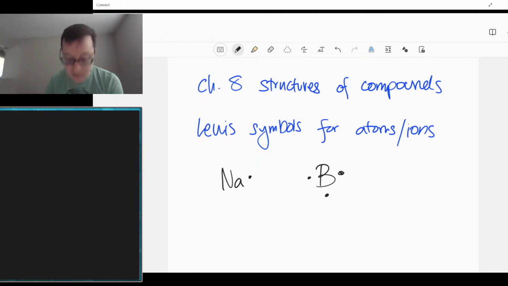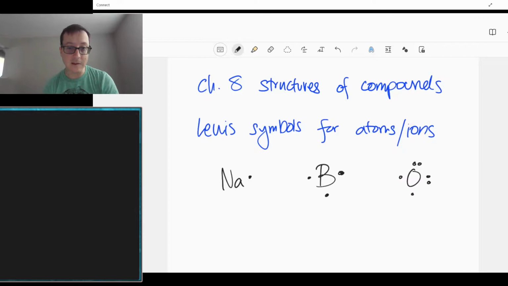For example, we know sodium has 1 valence electron, boron has 3, oxygen has 6. Technically I should redraw that, so you can see the process. We always want to start off unpaired, and then we start pairing them off.